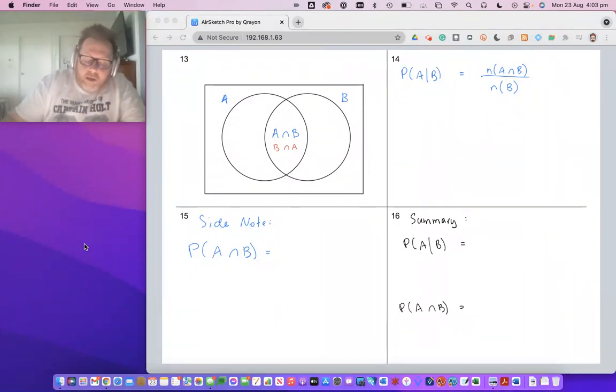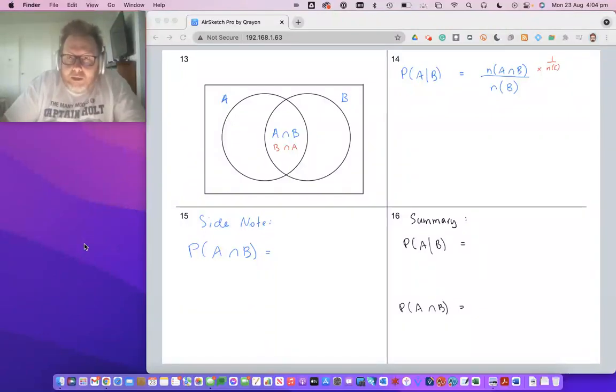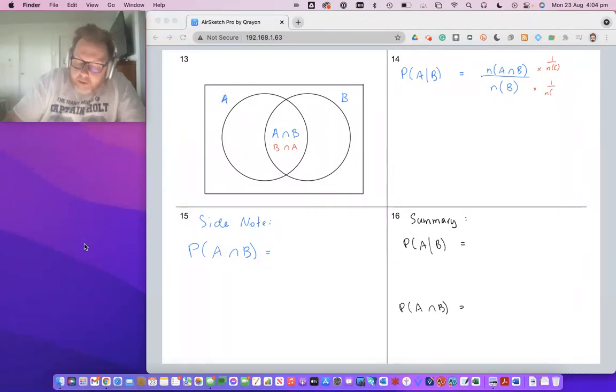But look at what I can do here. This is a little bit of basic mathematics, but I'll take it slowly so you can see it. I'm going to find an equivalent fraction. And you know that equivalent fractions are found by multiplying the top and the bottom of a fraction by the same number. And the number I'm going to choose deliberately is 1 over the universal set. And I will see what that does in a second. I'm going to multiply the bottom by 1 over the number in the universal set.